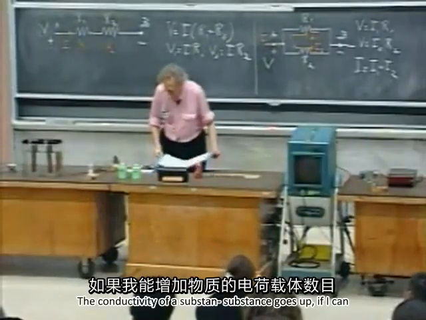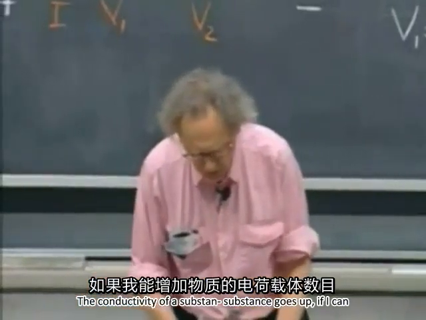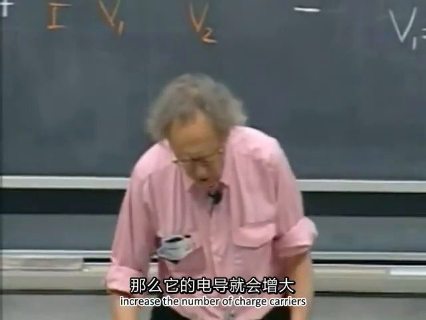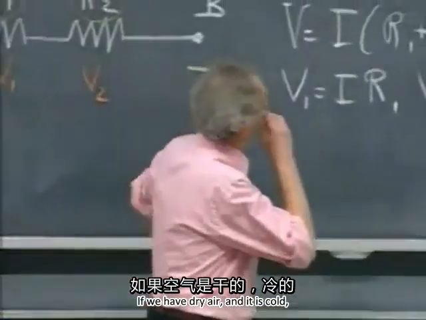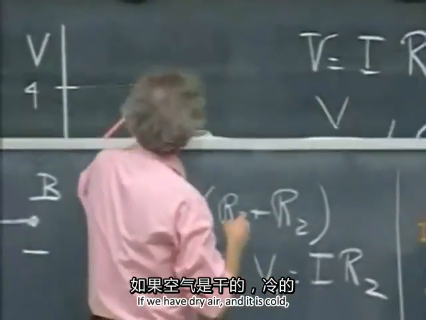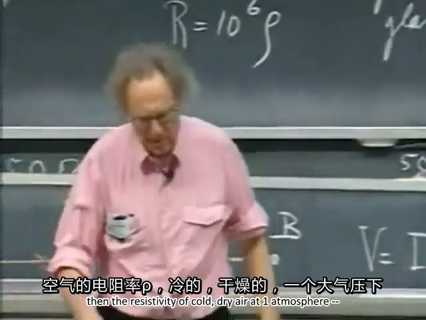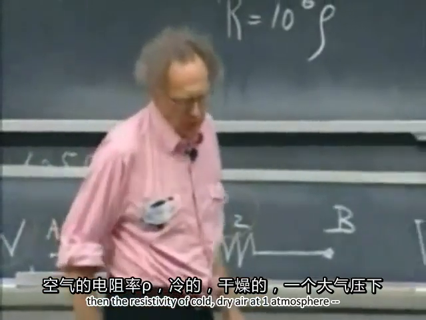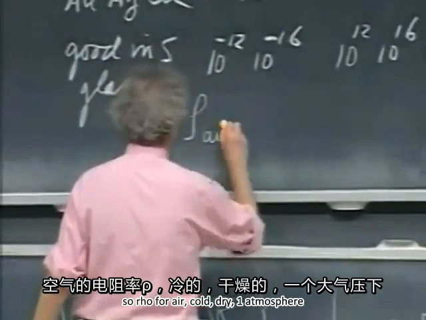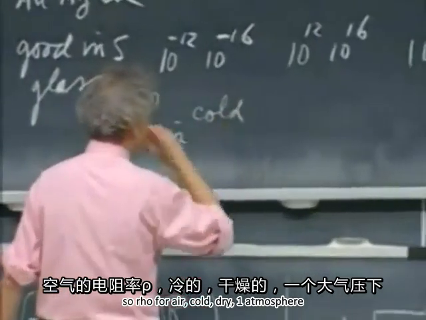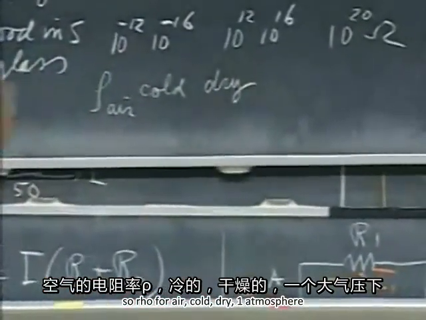The conductivity of a substance goes up if I can increase the number of charge carriers. If we have dry air and it is cold, then the resistivity of cold, dry air at 1 atmosphere, so ρ for air, cold, dry, 1 atmosphere.